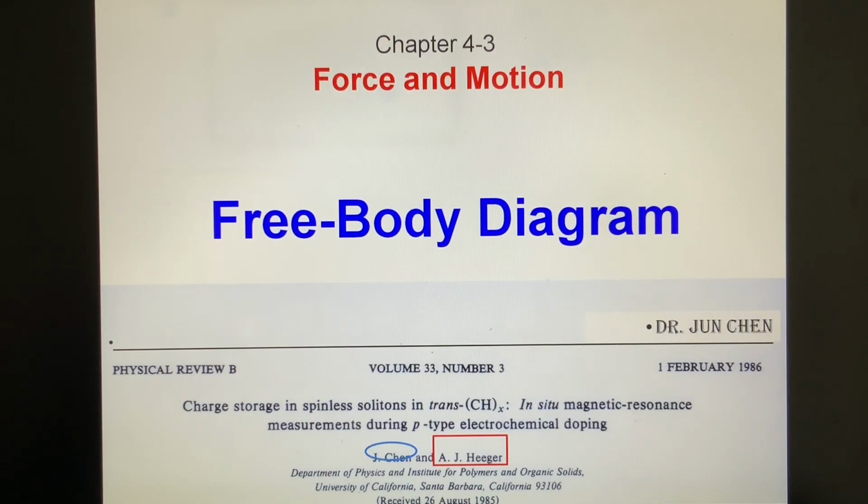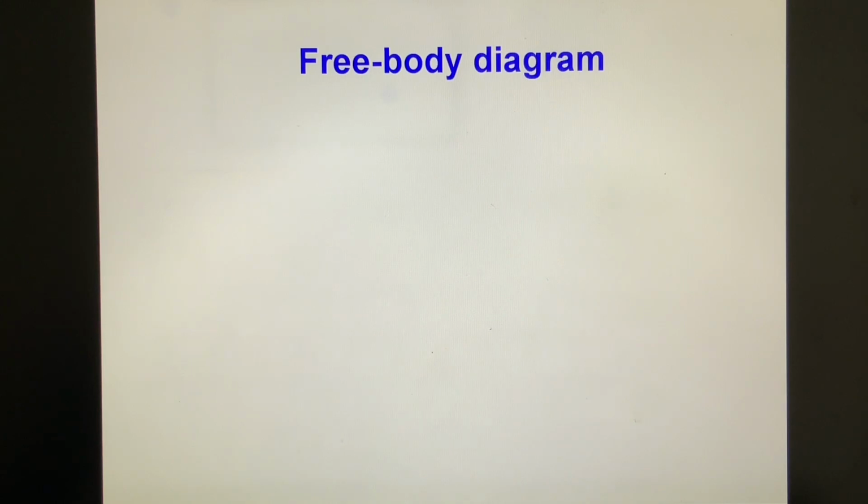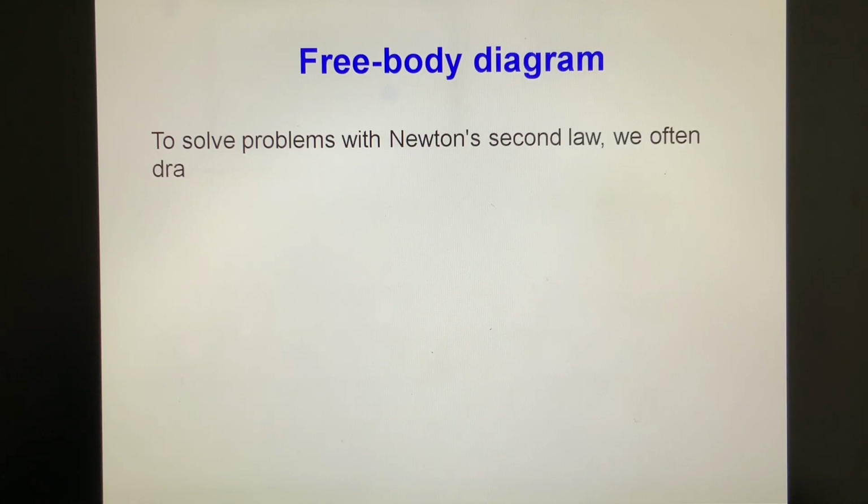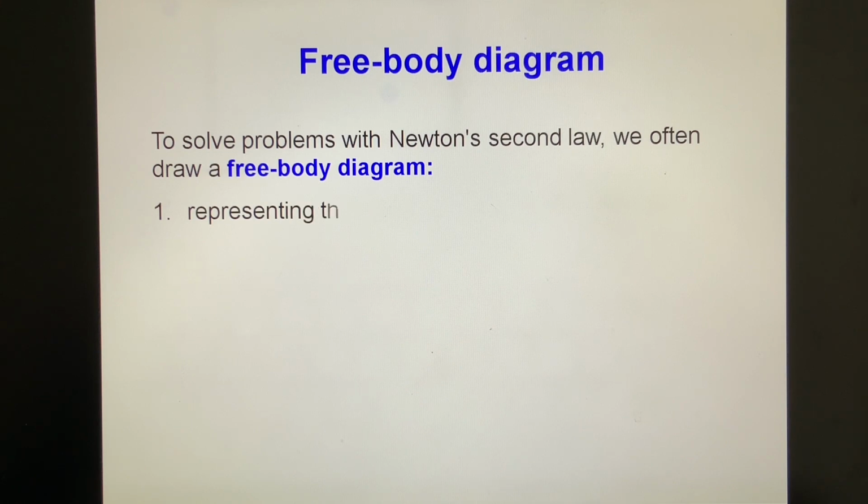Free body diagram. To solve problems with Newton's second law, we often draw a free body diagram. 1. Representing the body by a dot. 2.